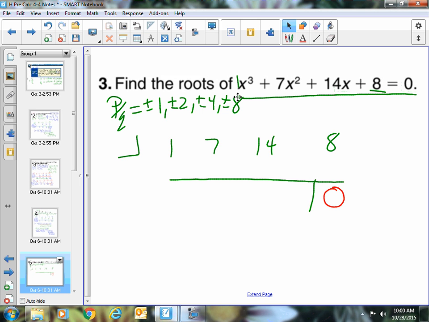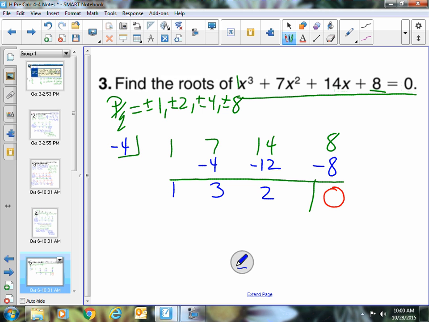Okay, now we have lots of different ones that work in this one, so maybe you have a little bit different statement. So I found the negative 4, which would give me this polynomial left, and I had the -8. Maybe you instead did the -2. If you did the -2 instead, you would have different numbers on the bottom.